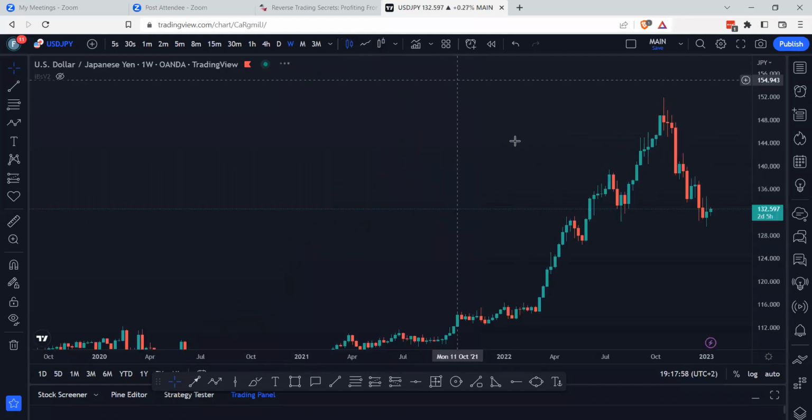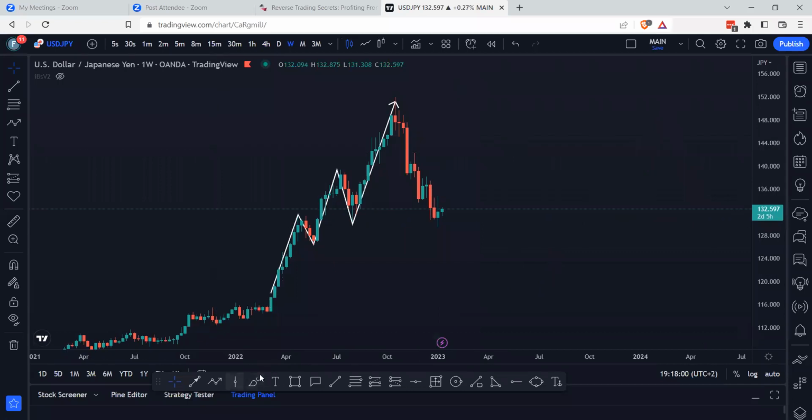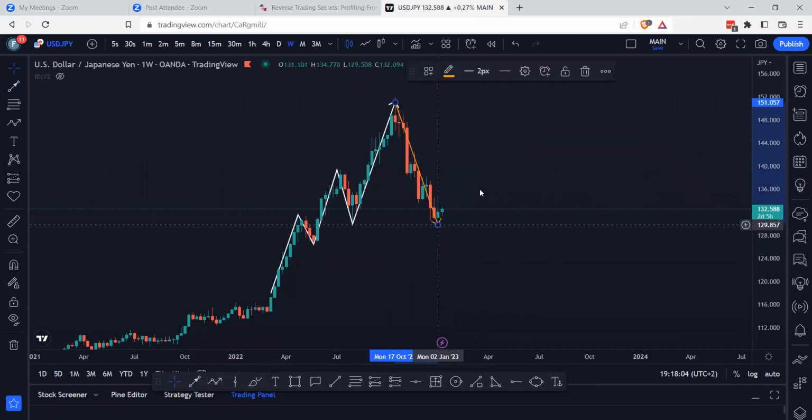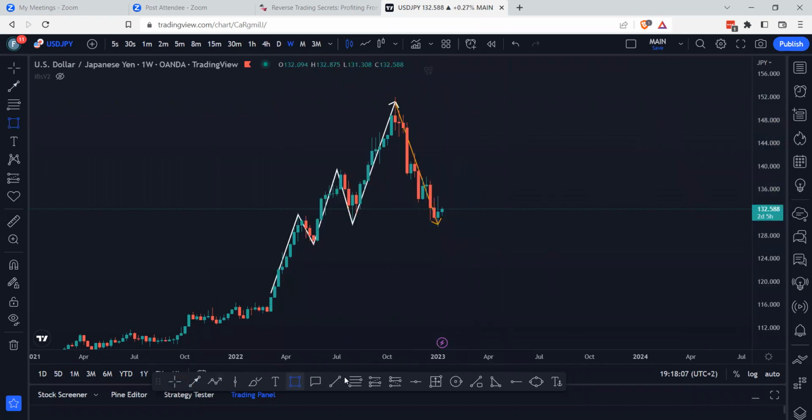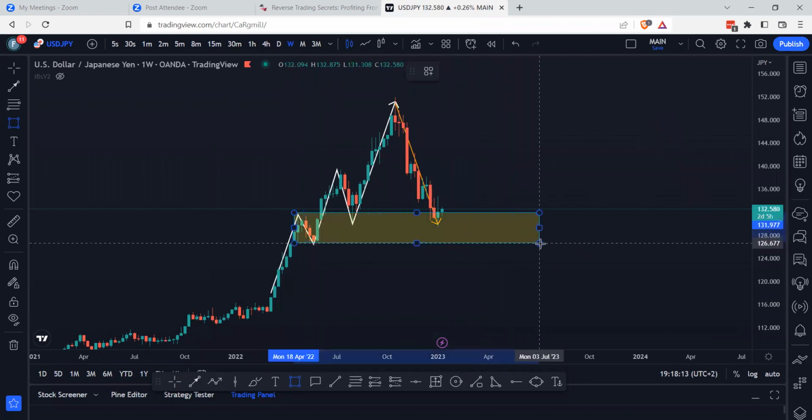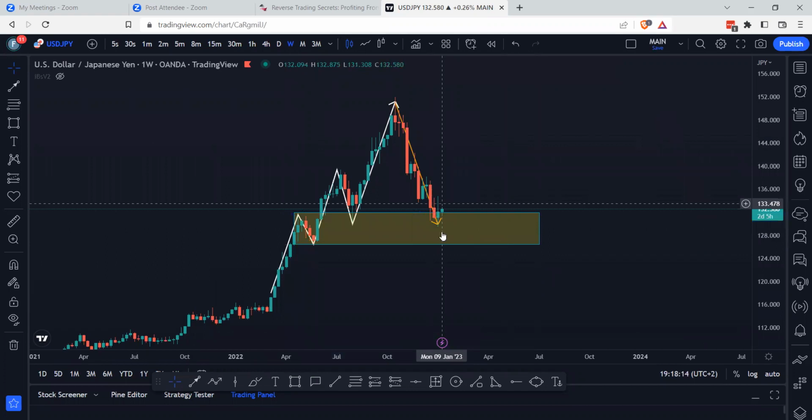What we have here is still very much a retracement, and that retracement is currently reacting to this range of demand here. All of this is a demand zone, so we should be expecting to buy USDJPY any moment from now.